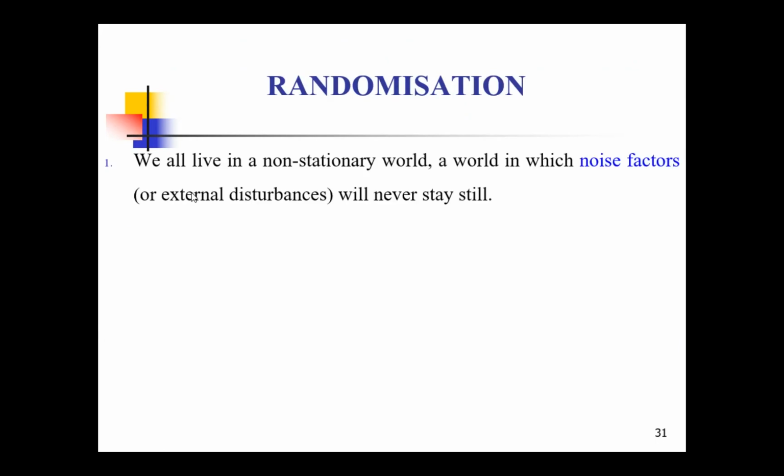We are in a realistic world in which things are non-stationary. That is, external disturbances will be higher. These external disturbances are known as noise factors, which we cannot control. By randomizing the experiments, these noise factors can be reduced. We cannot eliminate them, but we can reduce them.